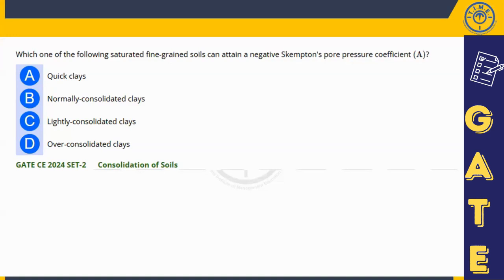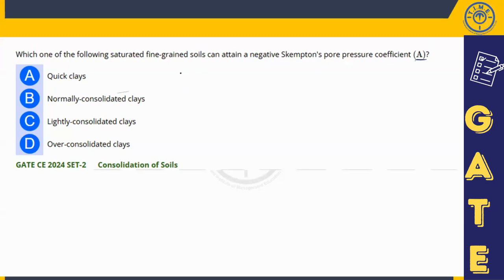Can you guess for a while? I'm giving a minute. Listen, my dear students, which of the following saturated fine-grained soils attain a negative Skempton's pore pressure coefficient A?